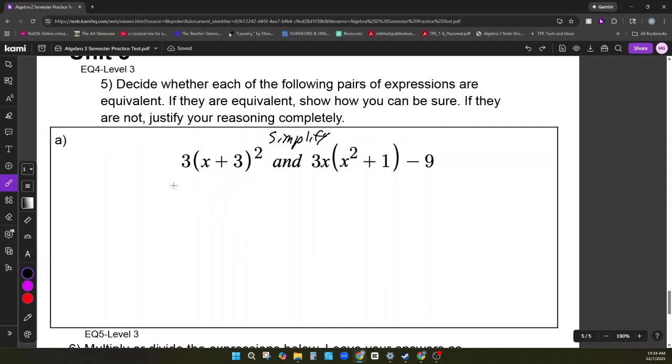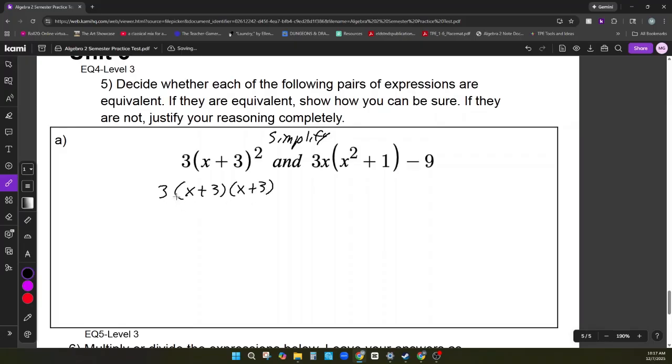It's going to be order of operations. I'm going to deal with my exponent first. And I've said it in class a bunch of times, I'm going to continue saying it. Our square does not apply to our x or to my 3. It applies to the whole thing, meaning that I'm going to rewrite this as 3x plus 3 times x plus 3.